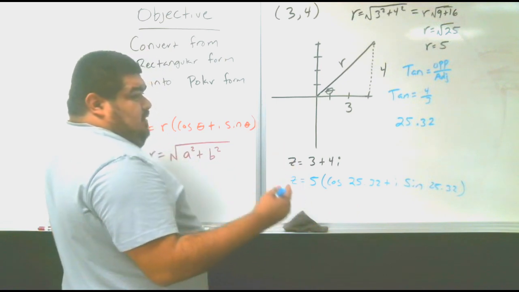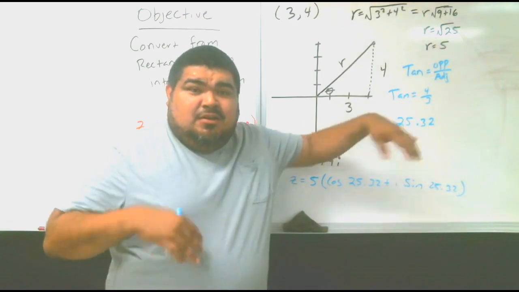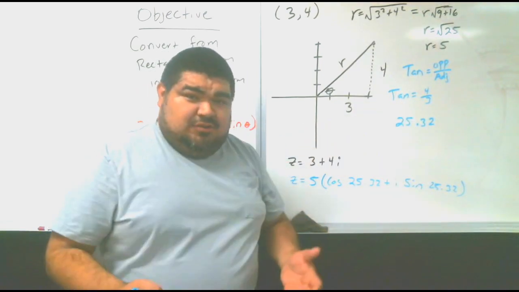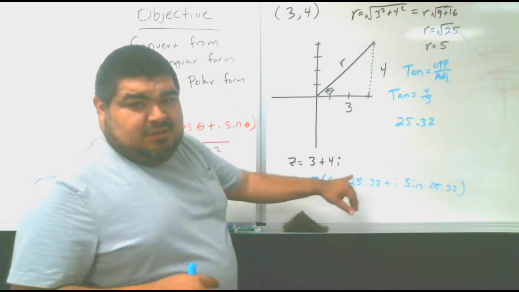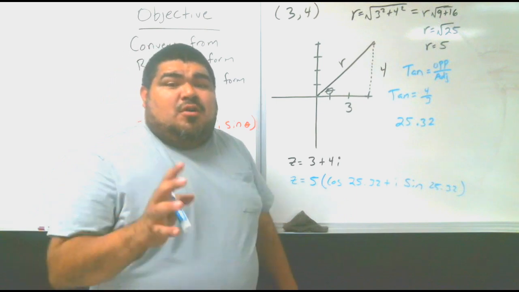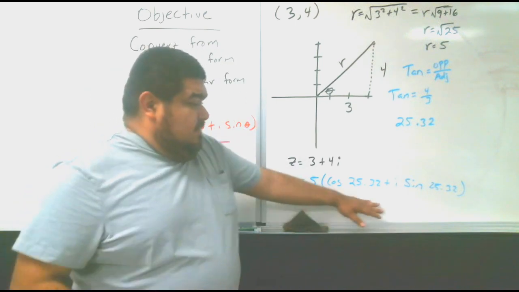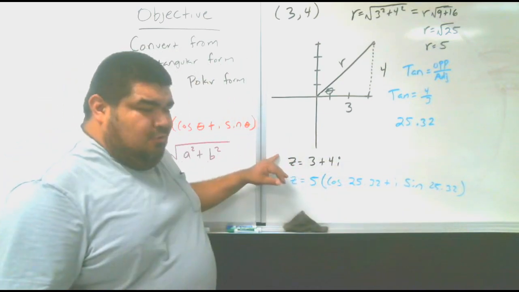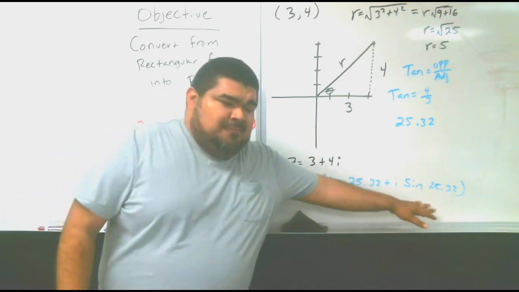But since I gave you tangent already on all the problems from the previous class, I want you to convert the ones from the previous class. Since you already did the first part, the rectangular form, all you have to do is continue those same problems from last class and convert them.